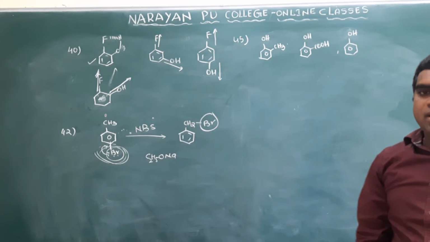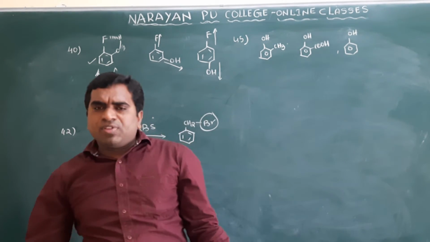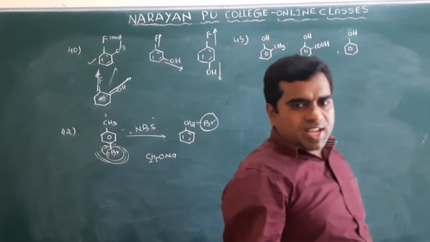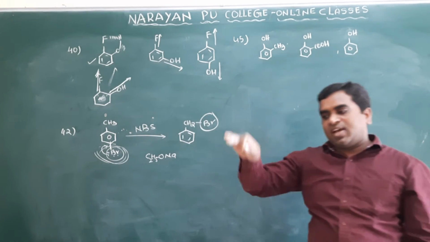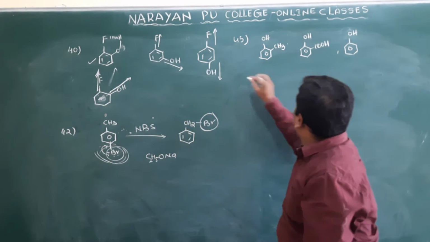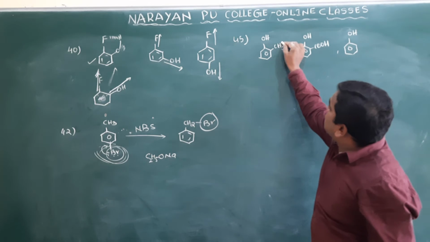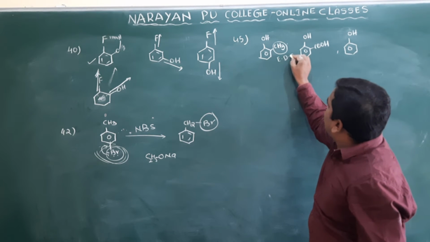Now they are asking the increasing order of the acidic character. You already know the acidic character of phenol, we have already discussed. When electron withdrawing groups are present on the benzene ring, the acidic character of the phenol increases, and when electron donating groups are there, the acidic character of the phenol decreases. Among these three, which group is present? CH3 means what? Electron donating group.